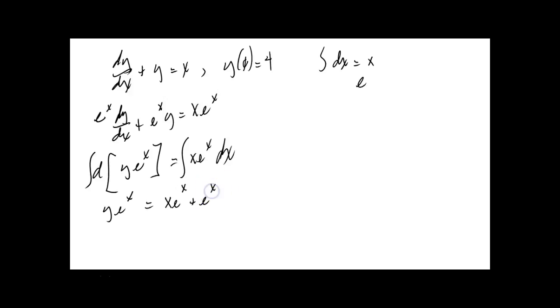Plus e to the x, plus some c. Then we solve this by dividing by e to the x. So it will give us y equal to x plus 1 plus c e.